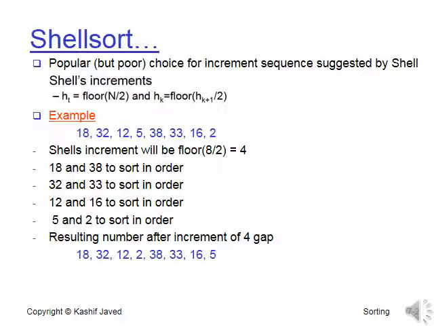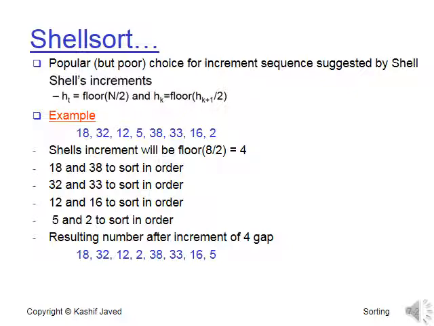So in our example, we have the following numbers in sequence: 18, 32, 12, 5, 38, 33, 16, and 2. 8 numbers to be sorted. Shell's increment will be floor of 8 by 2, which equals 4.